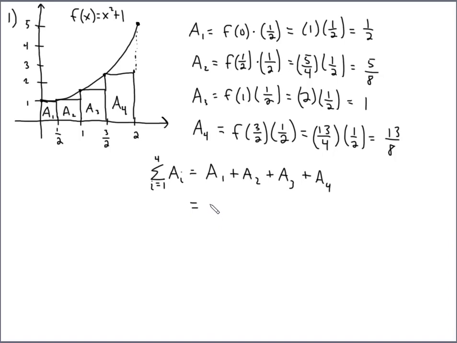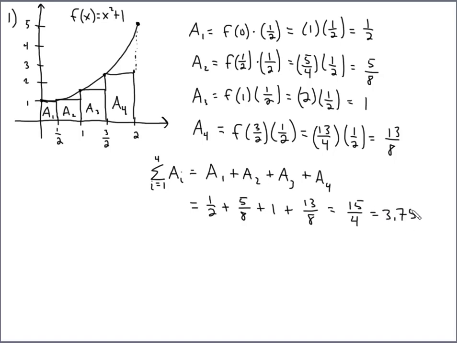Okay, so A1 was 1/2, A2, 5/8, A3, 1, A4, 13/8. And so that gives us 15 over 4. And you can write that as a decimal as 3.75.